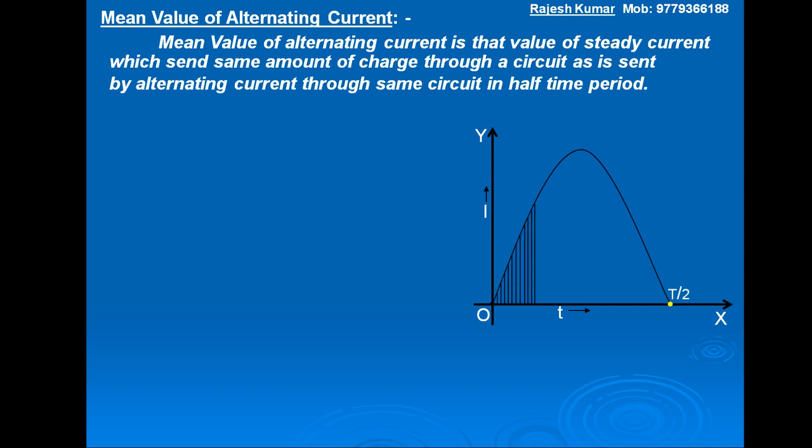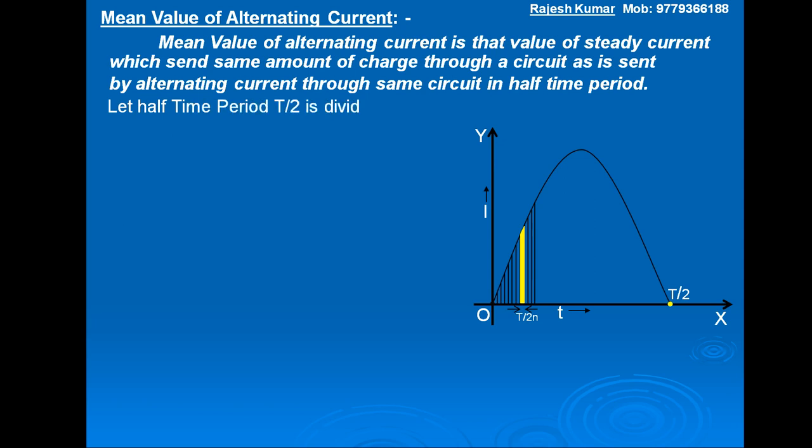Suppose we divide the half time interval into n equal time intervals, one of which is dt equal to T upon 2n.